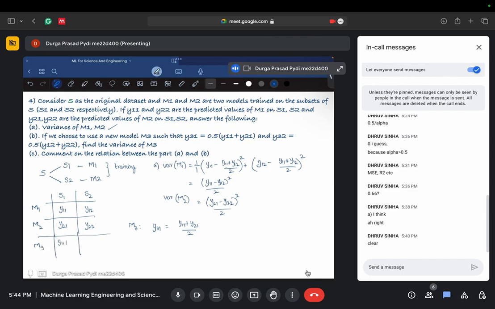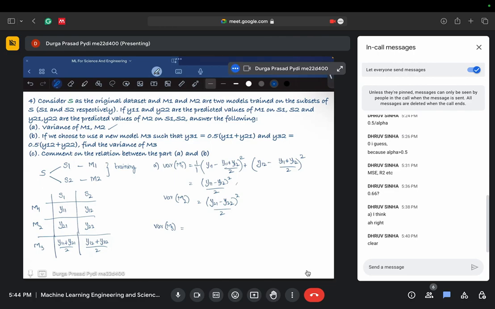This is what you are doing in bagging. So this is my third model. What would be the variance of my third model? The expression is already given here, so you can just substitute it.